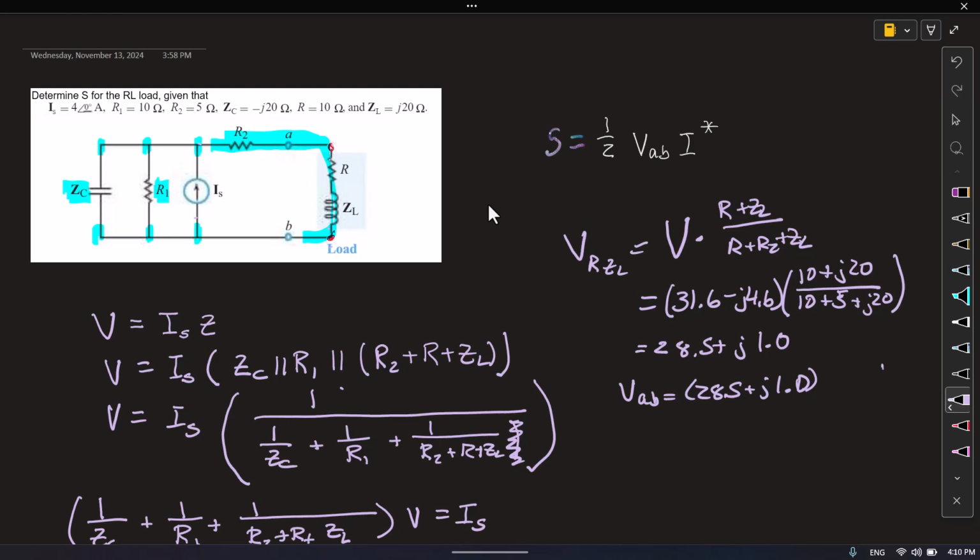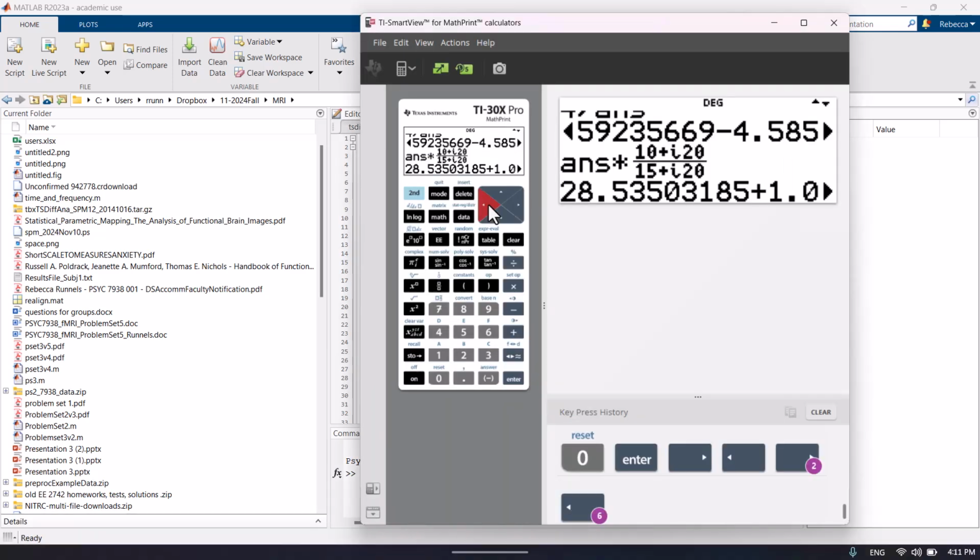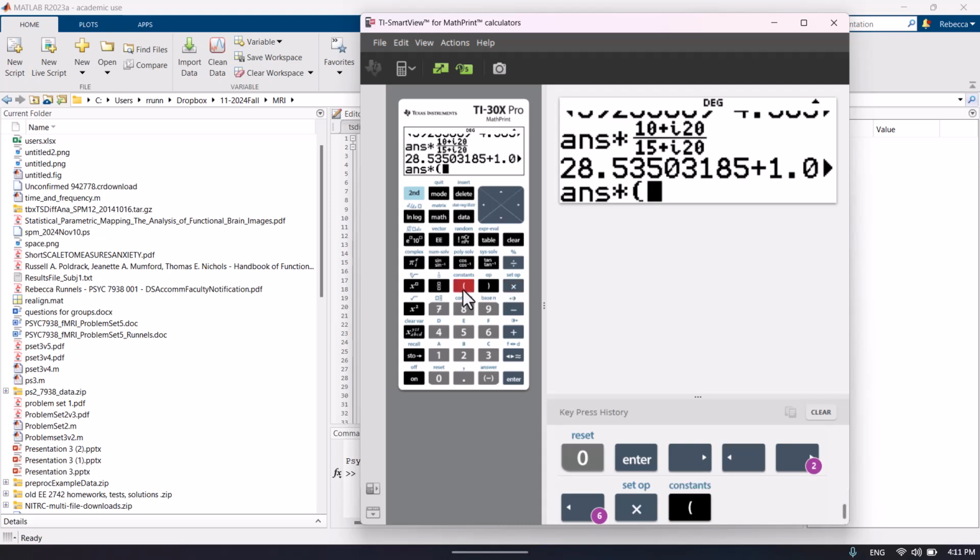Our current is going to be, of that voltage times the impedance, so IAB, so this is just V equals IR, is just 28.5 plus J1.0 times 10 plus J20. So that answer I just got times 10 plus J20.